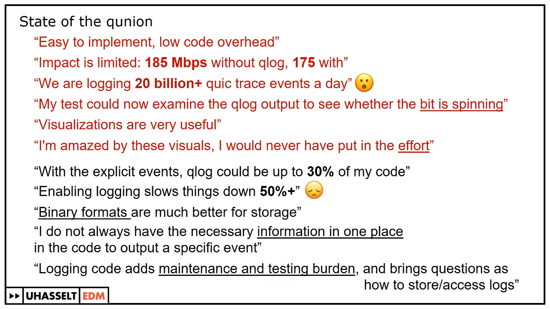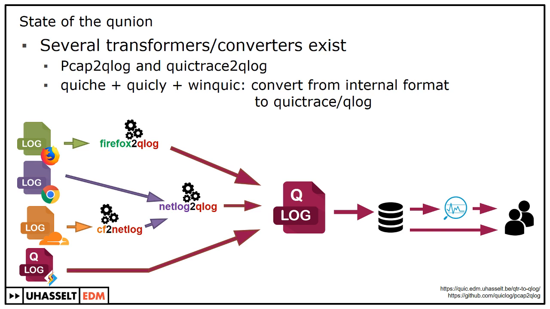So some of the implementations that are holding out have found other ways of getting to qlog and to the tools. Next slide. And that is by using what you can call transformers or converters, right? So they log to their internal format, and then they have a separate program that takes that and transforms it into qlog. For example, Fastly, Cloudflare, and Microsoft are doing, or have at some point done, something in this trend.